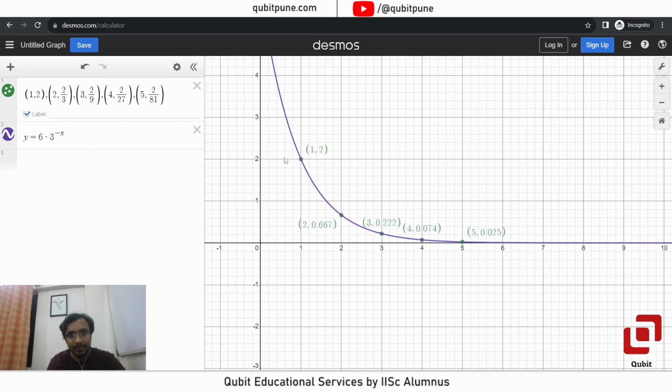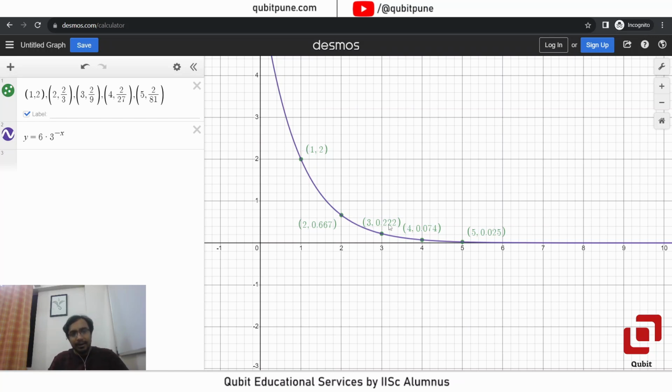So all the terms of a GP, if considered as points on the xy plane, and we draw a smooth curve passing through all of them, then we will get an exponential curve. Is that clear? Yes, sir.